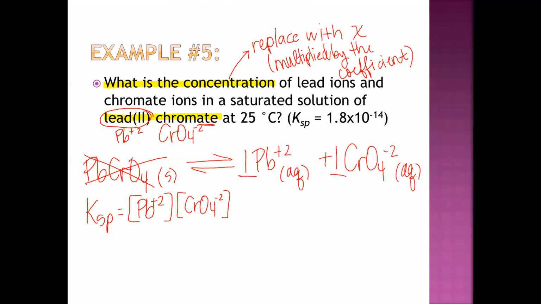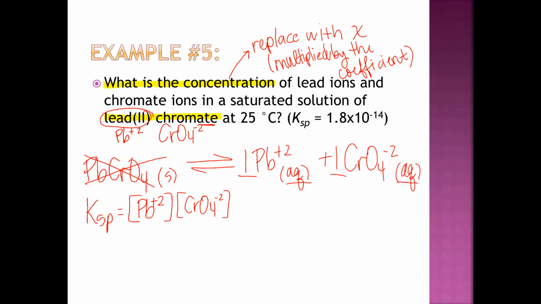Now, at this point, if you forget to put the plus 2 and the minus 2 in the bracket, I'm not going to count it. So if you just forget to write those down, it's okay. Also, you don't necessarily have to put the ACS as long as you know that you're going to use them.